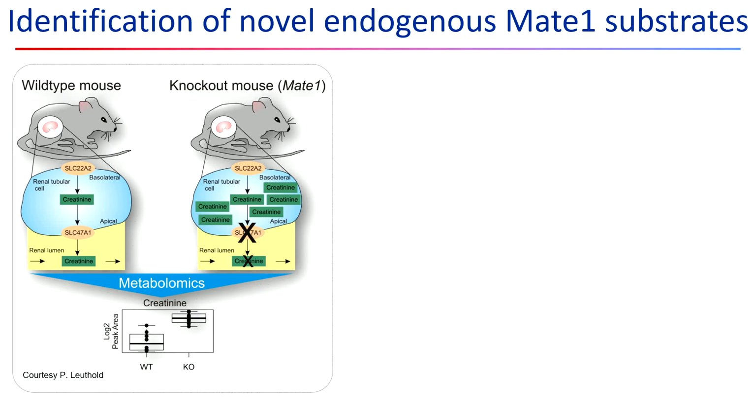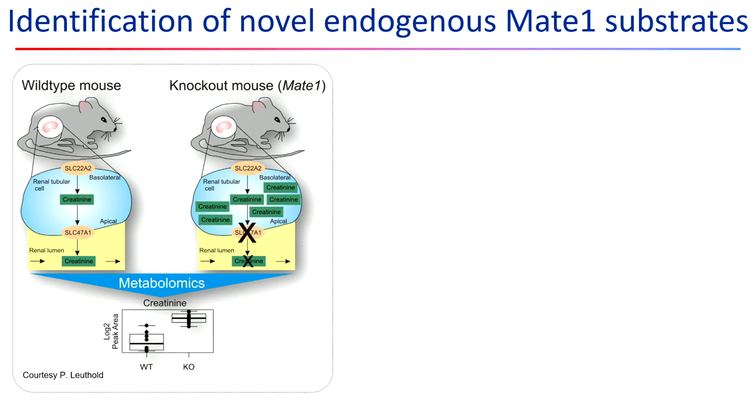So what happens when you have a knockout mouse, that is shown on the right side? Then you don't have the MATE1 anymore, and the creatinine is accumulating in the kidney tissue. And, well, you can see that in the metabolomics analysis. You can indeed see that the knockout mice have much more creatinine than the wild-type mice.